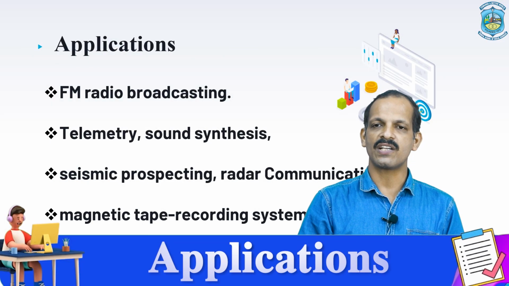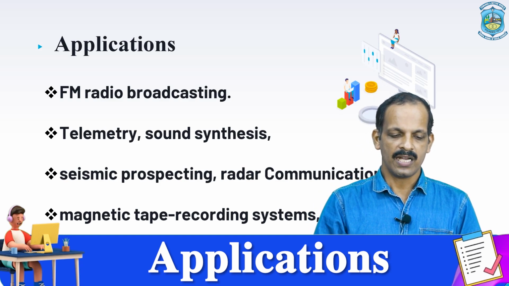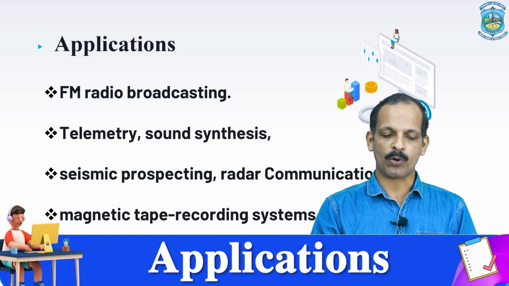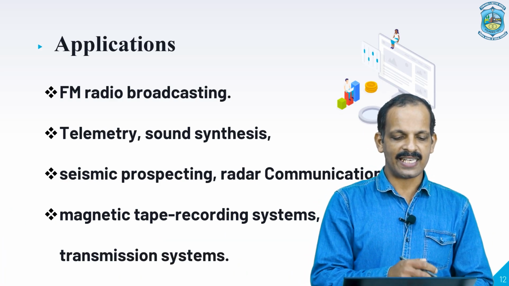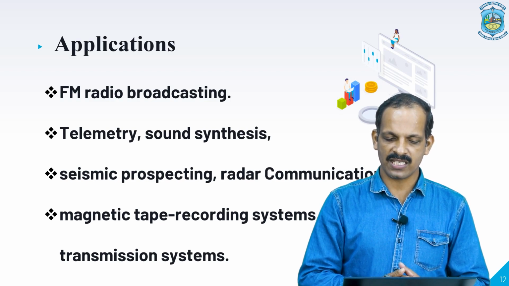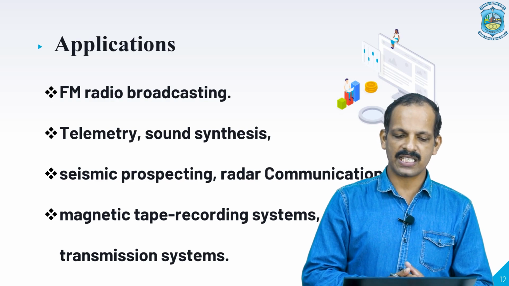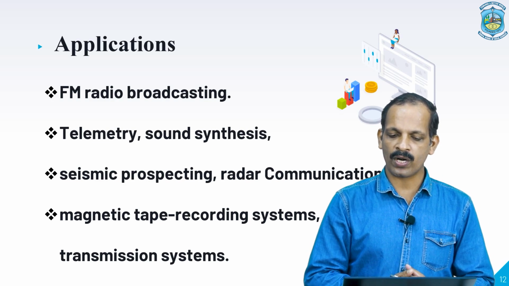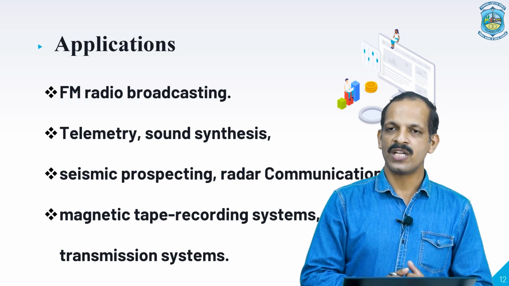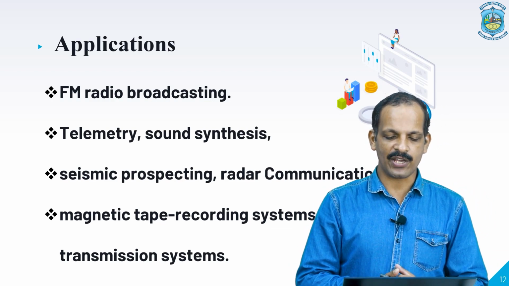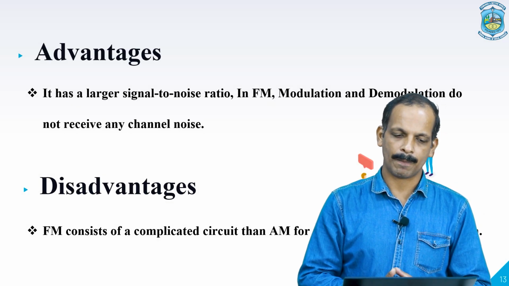In frequency modulation, first of all we can check the applications. FM radio broadcasting uses frequency modulation, and so do telemetry, sound synthesis, seismic prospecting, radar communication, magnetic tape recording systems, and some video transmission. In all these applications we can use the frequency modulation technique.